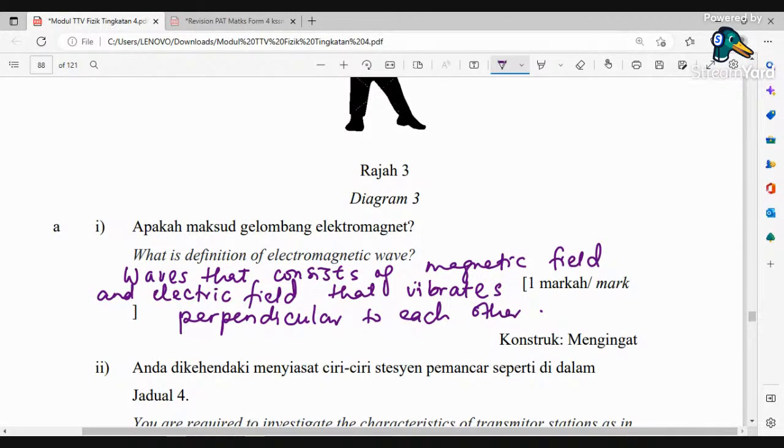Okay, so waves that consist of magnetic field and electric field that vibrates perpendicular to each other.